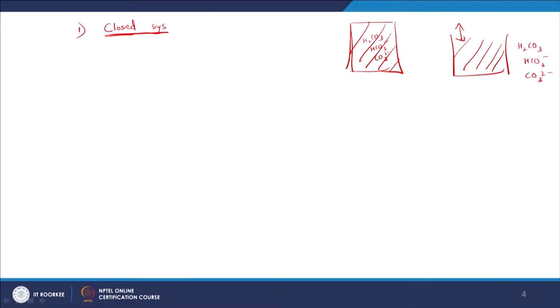And what do you see here? You can either see a transfer of CO2 from the gaseous to the aqueous phase, or vice versa, depending upon the relevant concentrations. And we know that CO2 in the aqueous phase is going to be in equilibrium with H2CO3 in the aqueous phase. So that's what we just discussed.